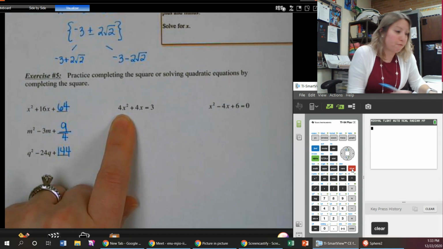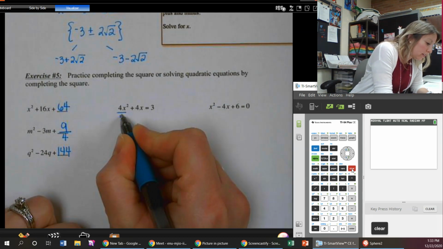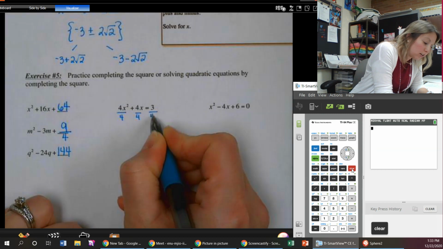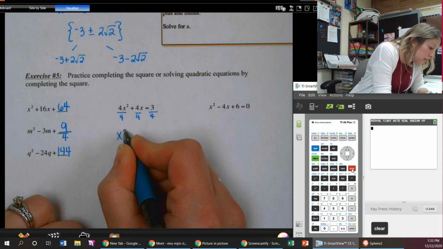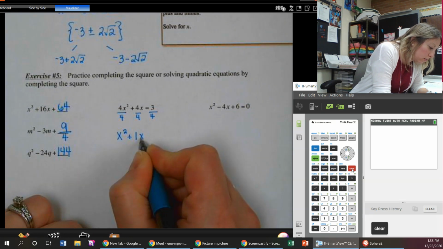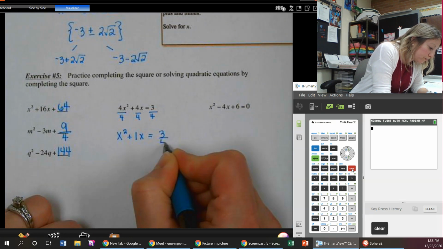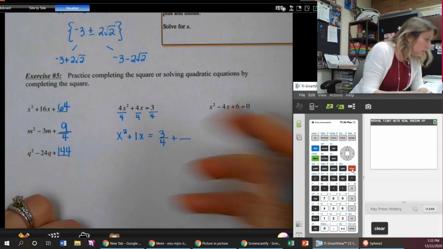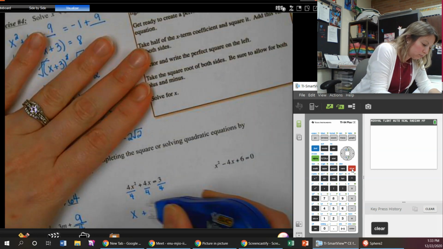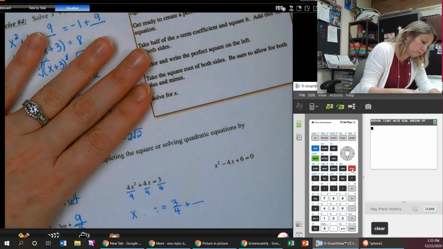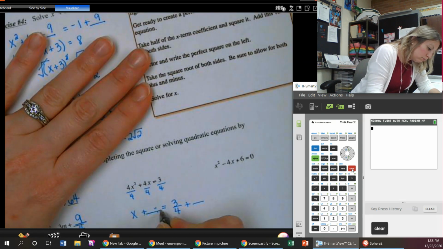Divide everything by 4 first. Yes, that means a fraction over here, but I don't care. I can deal with that fraction. Oops, I forgot to put my plus blank in here. Hold on, make room. There we go.